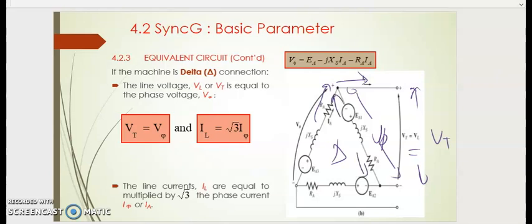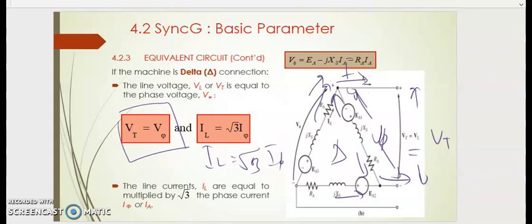The same goes here. So V is the same, but in terms of current, I load is root 3 of I phase. I load is the combination of I phase A and I phase B, so it should be much bigger. The amount is root 3 of I phase.